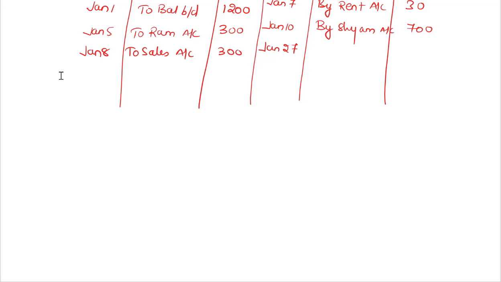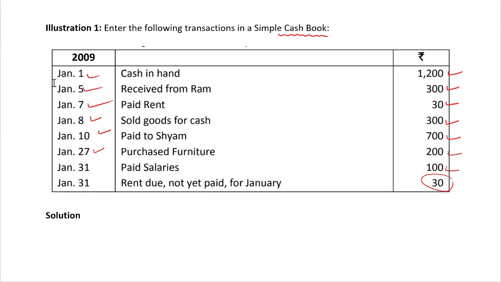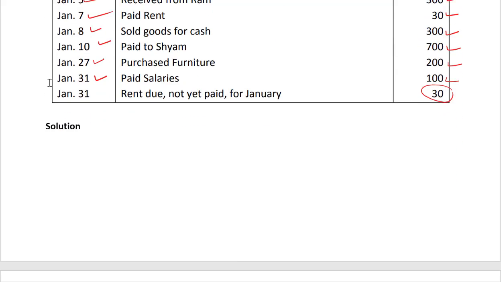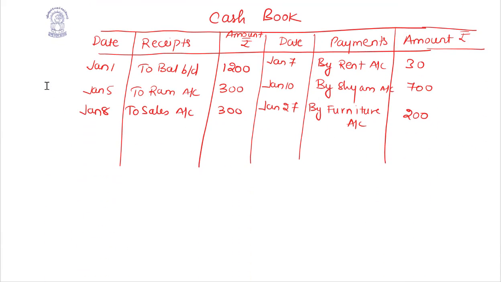January 27 by furniture account 200. January 31 paid salary is 100. January 31, paid salary. We'll write by salaries 100.